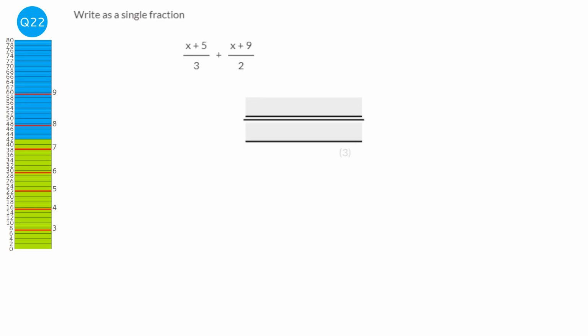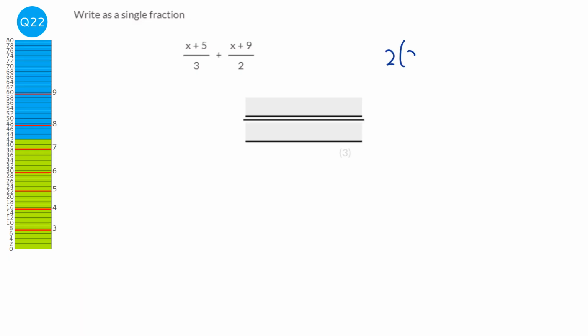As with any question to do with adding fractions, you can only add them if the denominators are the same. So having a look at the first denominator, which is 3, and the second denominator, which is 2, we've got to find the lowest common multiple, or the lowest number that 3 and 2 are both factors of, and that's obviously going to be 6. So I'm going to times the top and bottom of the first fraction by 2.